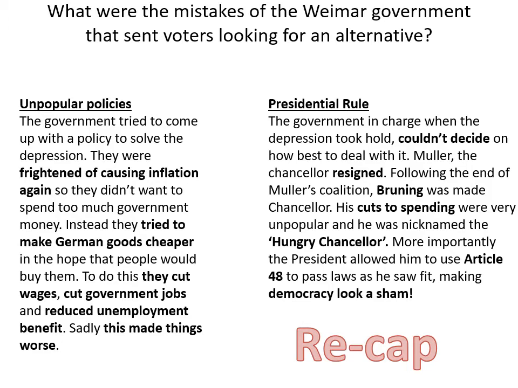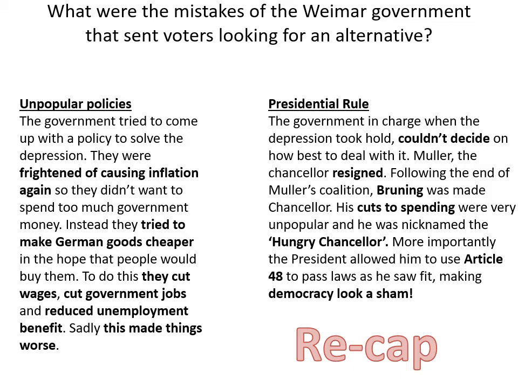More importantly, the president allowed him to use Article 48 to pass laws as he saw fit, making democracy look like a sham. If you recall, Article 48 was a clause in the Constitution that would allow the president, only in times of emergency, to pass laws without the support of the German parliament, the Reichstag. Because Brüning didn't have support in parliament for his policies of cutting government jobs, cutting wages, etc., he had to go to the president, who supported him and allowed him to pass those laws over the Reichstag using Article 48.